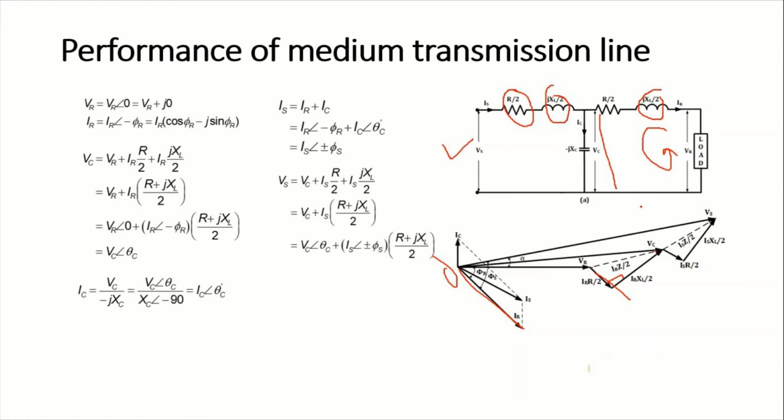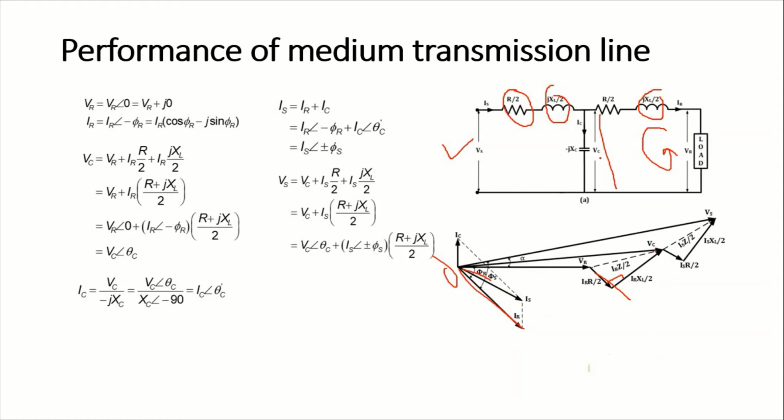So now up to this point the voltage drop is in parallel due to the sending end current Is. So Is into R by 2 is parallel with this current phasor.